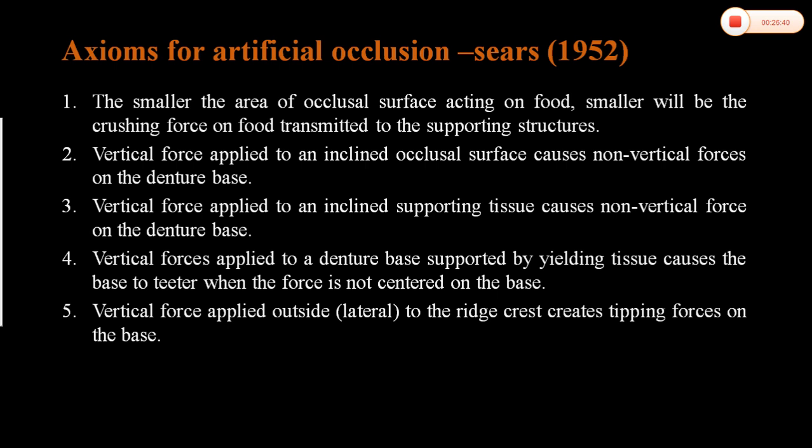We have seen that the buccolingual width of artificial teeth should be less than that of natural teeth. So the smaller the area of occlusal surface acting on the food for masticating, the smaller the force generated, and a lesser force will be transmitted to the supporting tissues.